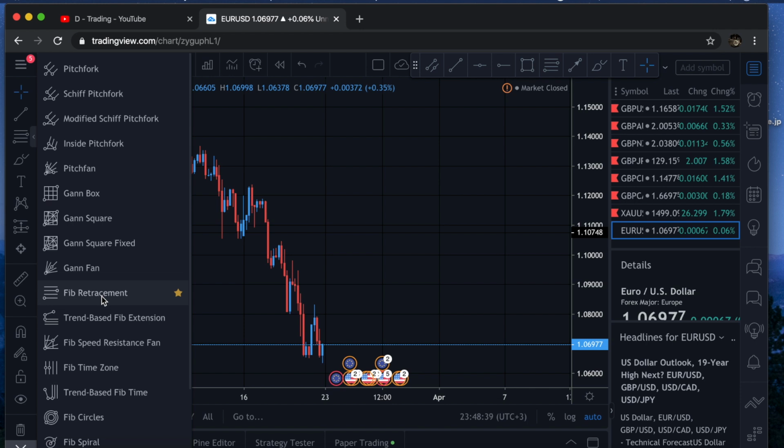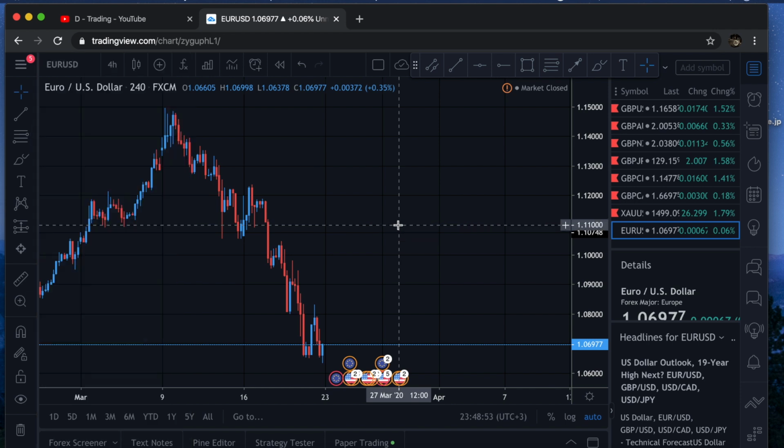On MT4, MetaTrader 4 or MetaTrader 5, if you're using it on your computer, it's going to be called, I think, Fibonacci retracement. So over here it's just called Fib retracement. So you're going to select this one. No matter what your platform is, it's always going to be called Fibonacci. So look for Fibonacci retracement and an icon that shows lines like this.